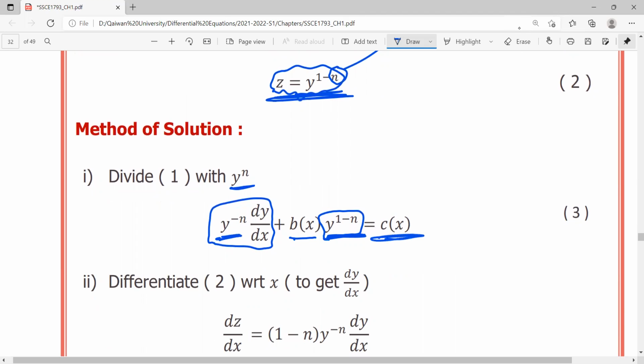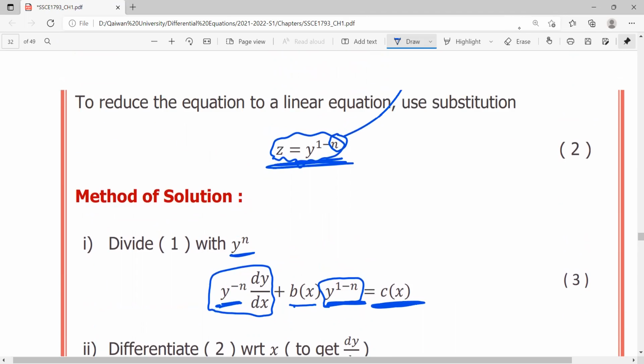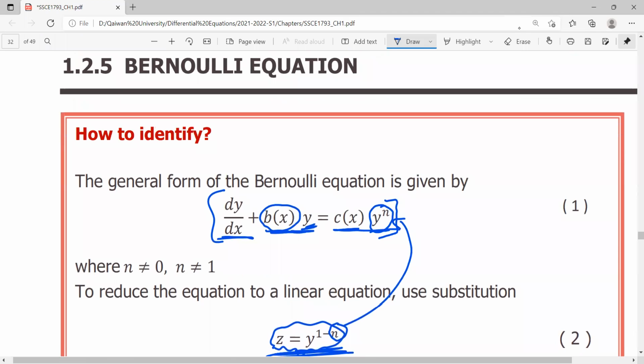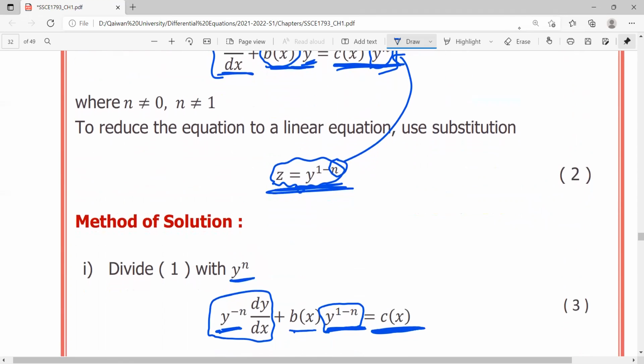When we move y to the power n up, it becomes y times y to the power minus n, and we just add the exponents. On the right-hand side, we just get c of x.